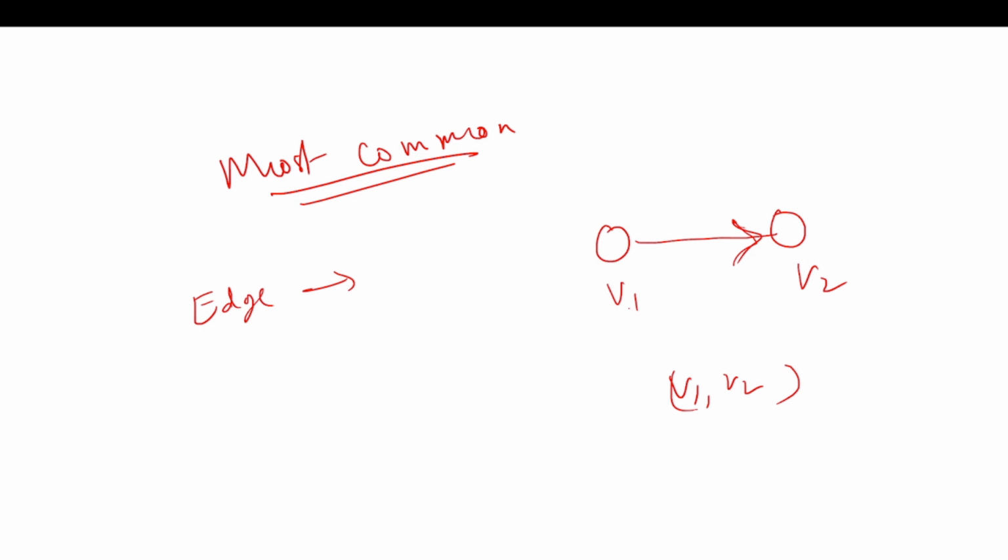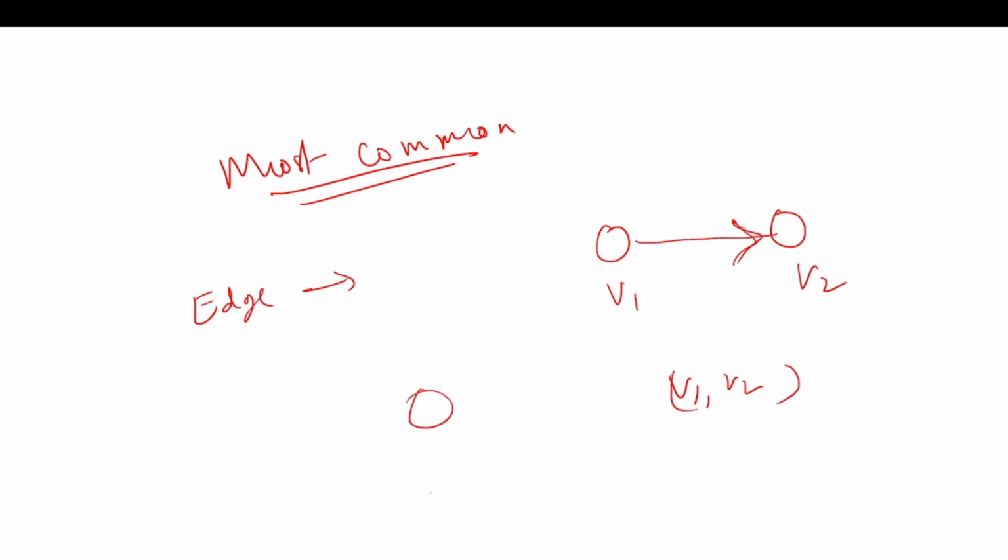What is the degree of a vertex in a graph? It is the total number of edges that we see. In a directed graph, the out degree of a vertex is the total number of outgoing edges, and the in degree is the total number of incoming edges.